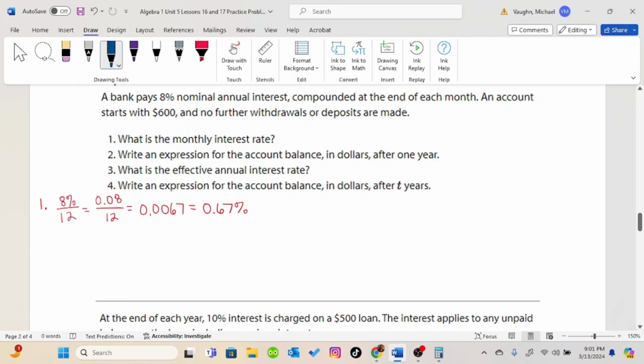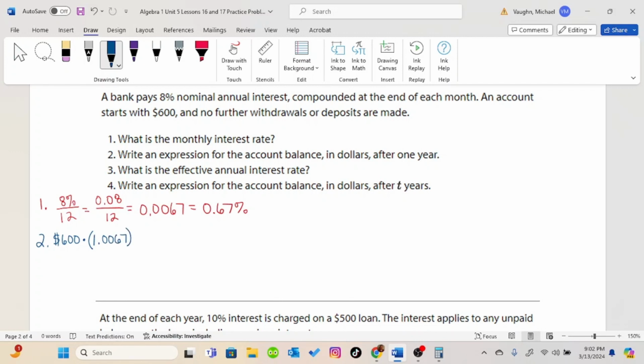Number 2, write an expression for the account balance in dollars after 1 year. So we would start with the original $600. We would multiply that by 1.0067.